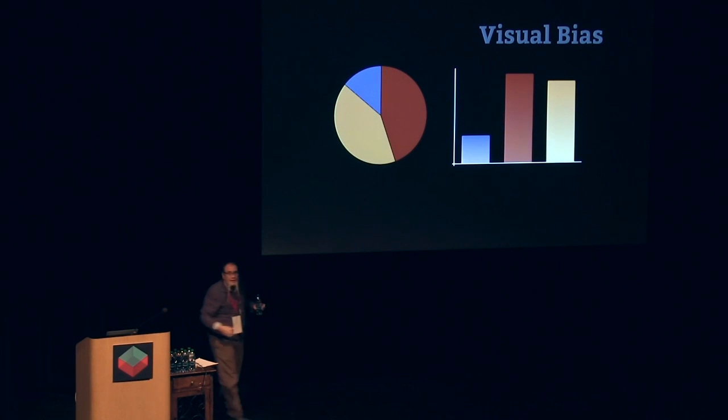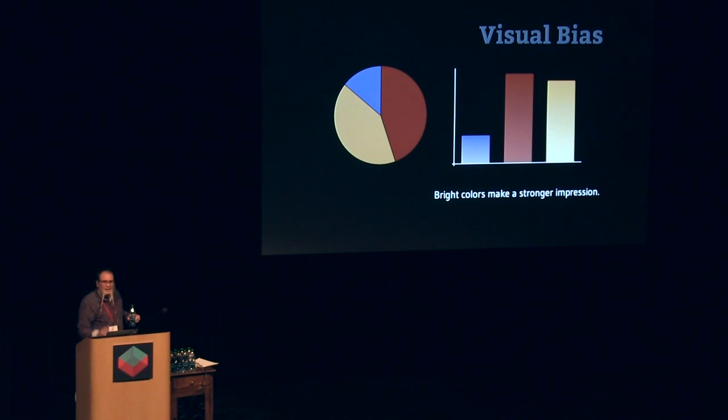Same data as a bar chart. This is because bright colors make a stronger impression, and so when you're considering how you're visualizing things, don't just think of the aesthetic aspects of it, but think of the impression that you're making. I'll get a little bit more into colors later. This also shows that pie charts suck.